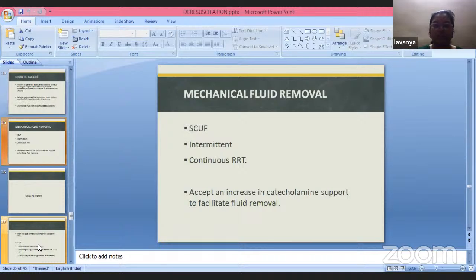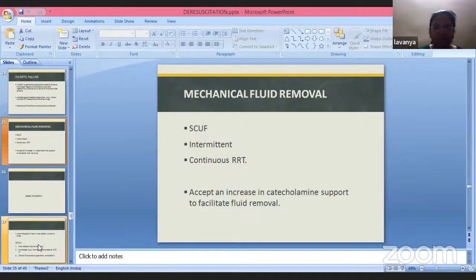Mechanical fluid removal can either be slow continuous ultrafiltration, an intermittent method of removal of ultrafiltrate, or continuous renal replacement therapy. So in all this, it is basically ultrafiltration we are looking at, that is hemofiltration.